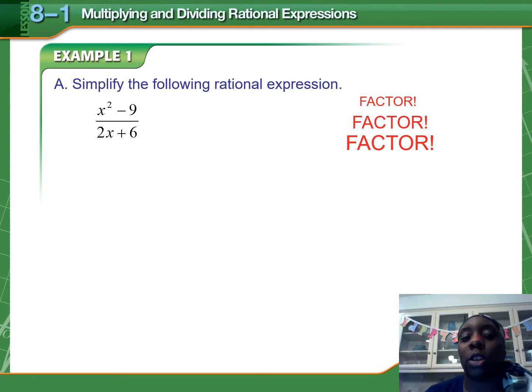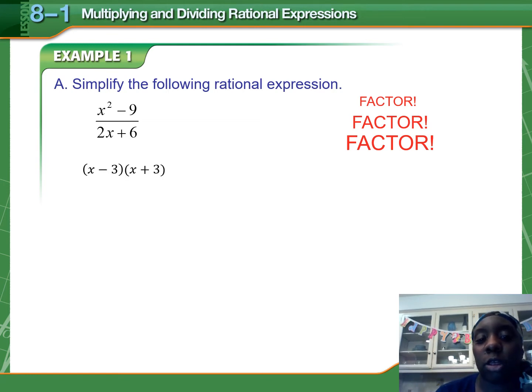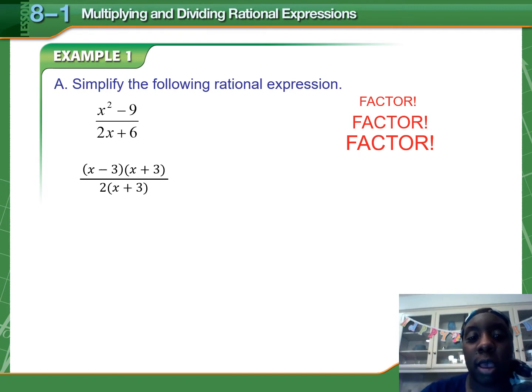All right, so when I do x squared minus 9 over 2x plus 6, let's remember that's the difference of squares. So if we remember that, that would be x minus 3 times x plus 3. And I hope you remember that. And then, well, the two terms in the bottom share 2, so I have 2 times x plus 3.